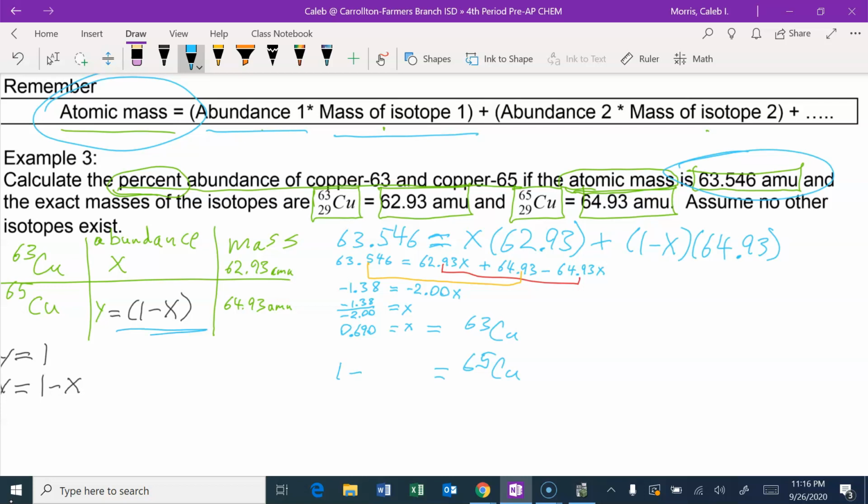Since it's 1 minus x, like we have over here, it's 1 minus 0.690 because we just found out that's what x is. So 1 minus 0.690 is going to be 0.310.